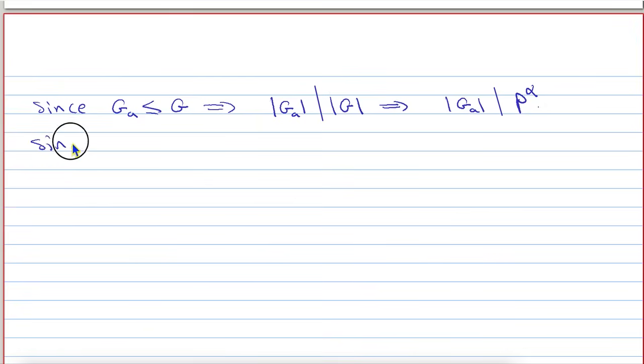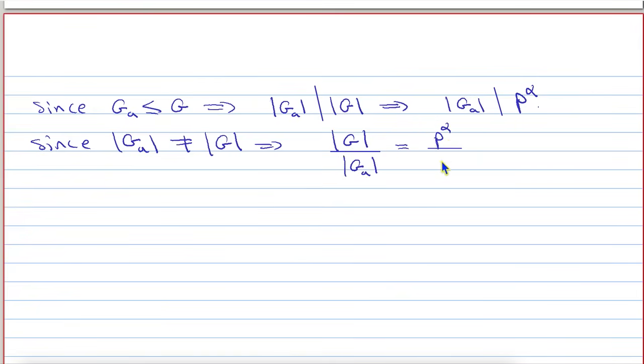And since we have shown that the order of the stabilizer does not equal the order of G, this implies the order of G divided by the order of the stabilizer, which is p to the power alpha over the order of the stabilizer, is equal to p to the power alpha minus some j. This is some natural number j, okay?